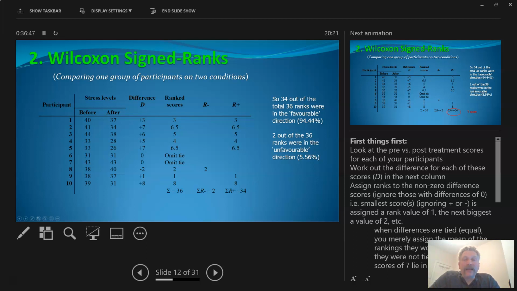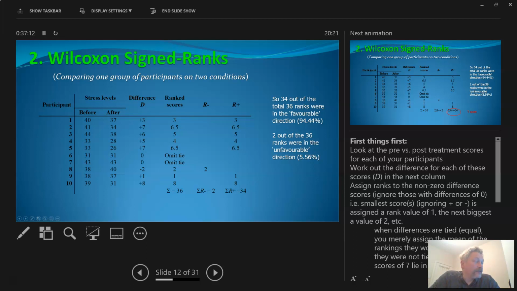So again, if it has worked, if it has reduced people's stress levels, then you'd find that you've got a difference here. Of course, you might get some people who, apparently based on their scores, had no reduction in stress levels, and so they would get a 0 here because they got the same before and after scores.